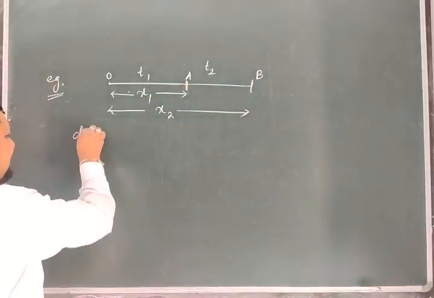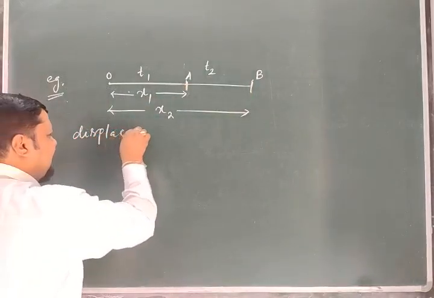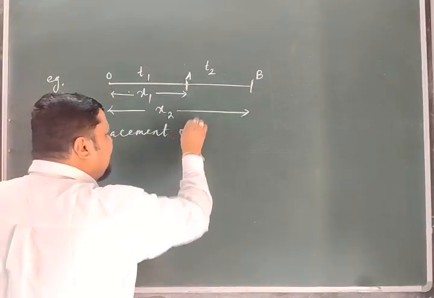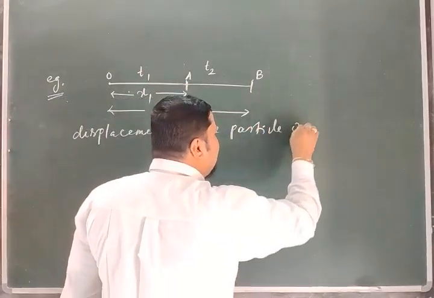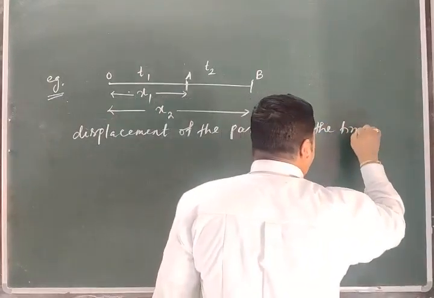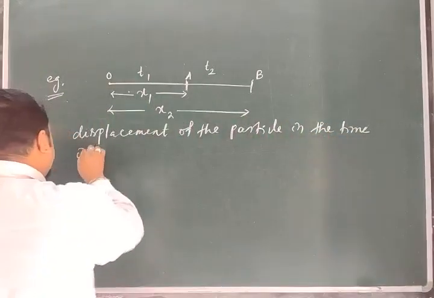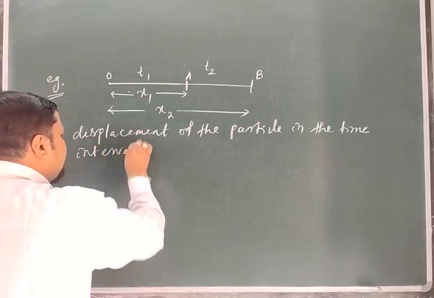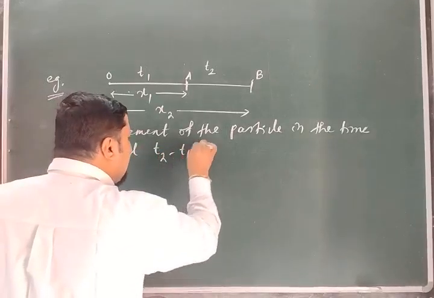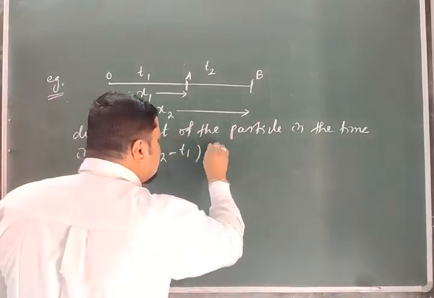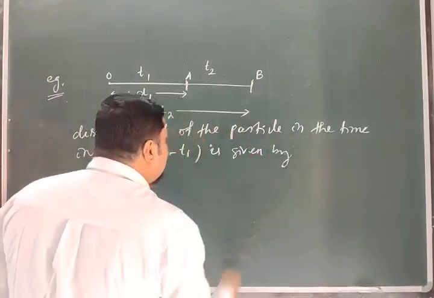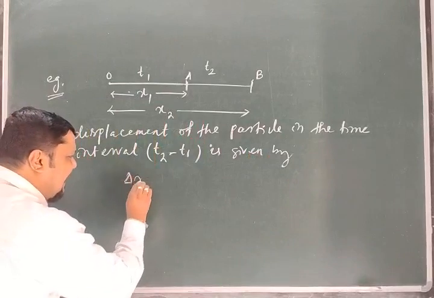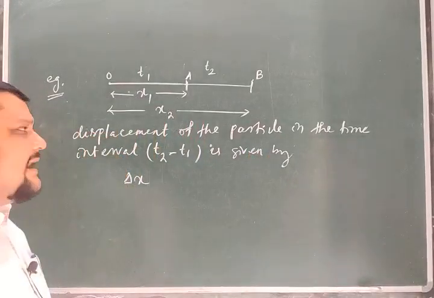I can write: the displacement of the particle in the time interval t2 minus t1 is generally shown as delta x.